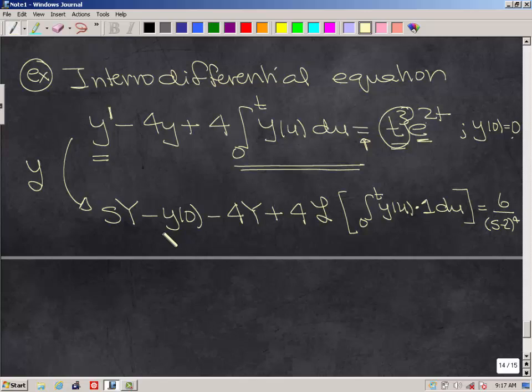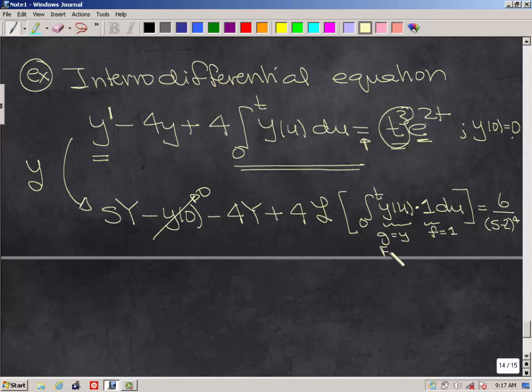So now how do I do this integral? I'm going to treat this like a convolution integral. This will become my g, and this will become my f. So f is 1, and g is just going to be y.